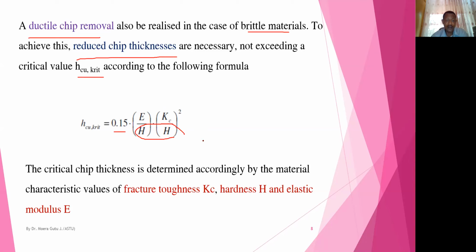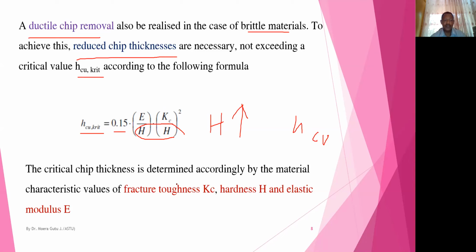This shows that the machining of hard materials mainly depends on the hardness of the material. So if the H value, the hardness, is very high for the material, the hc, the reduced chip thickness value, should be very small, okay, very small.